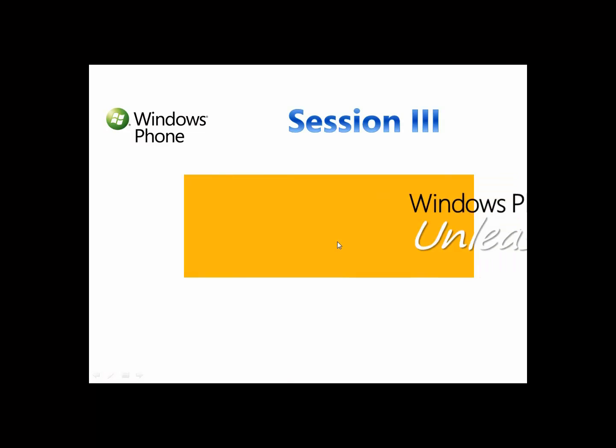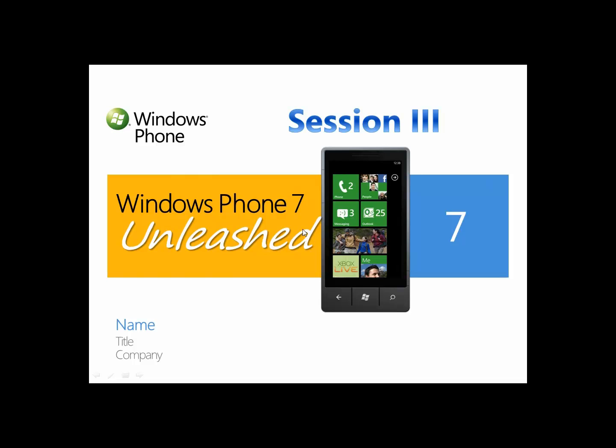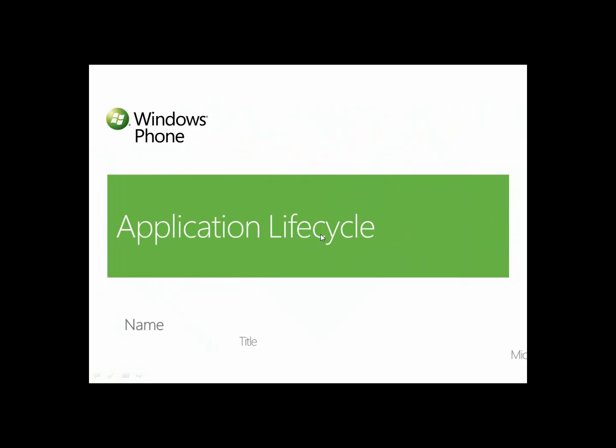Welcome to session 3 for Windows Phone 7 Unleashed. In this session, we're going to be talking about three different things. We're going to start out with the application life cycle. It's very important for you to understand how the application is going to react when users navigate away from your application, either forward through your application or back through your application.